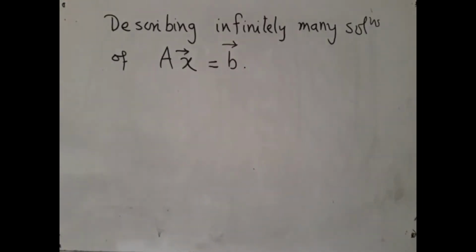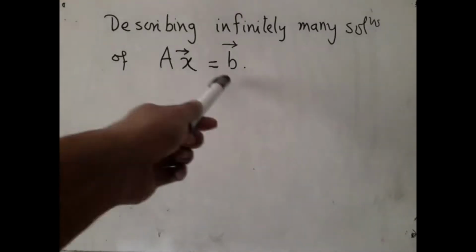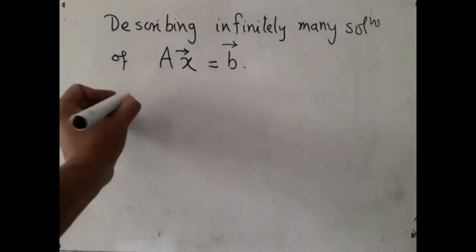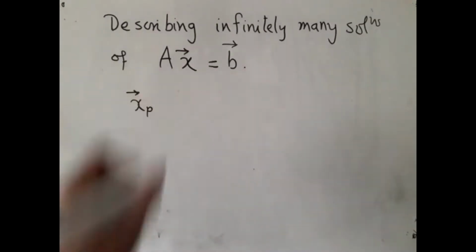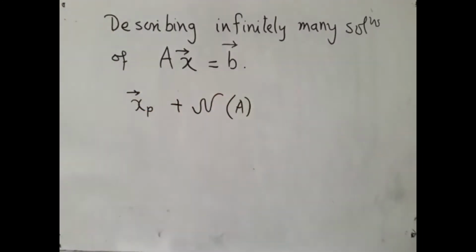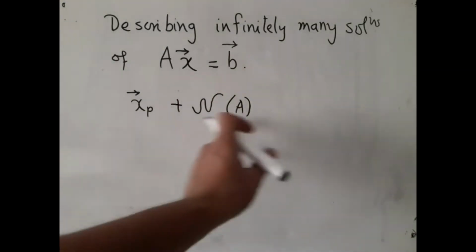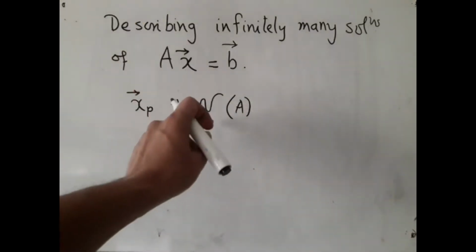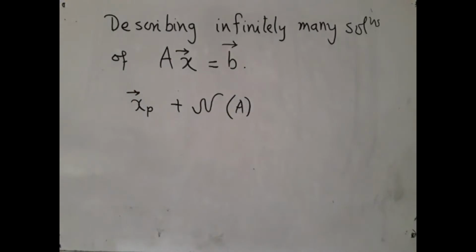So coming back to the original question of if someone gives me a system and asks me to describe the set of all possible solutions, how do I do that in case it has got infinitely many solutions? The answer now is, because it has got infinitely many solutions, it has got at least one solution, pick any particular solution. Then with it you add the null space of A. A vector plus a space means it is the set of all vectors that can be represented as xp plus any arbitrary member of the null space of A. Now, how do you specify the null space of A?